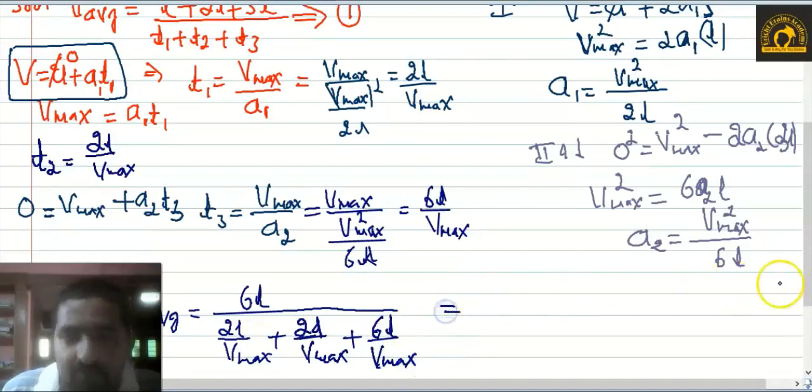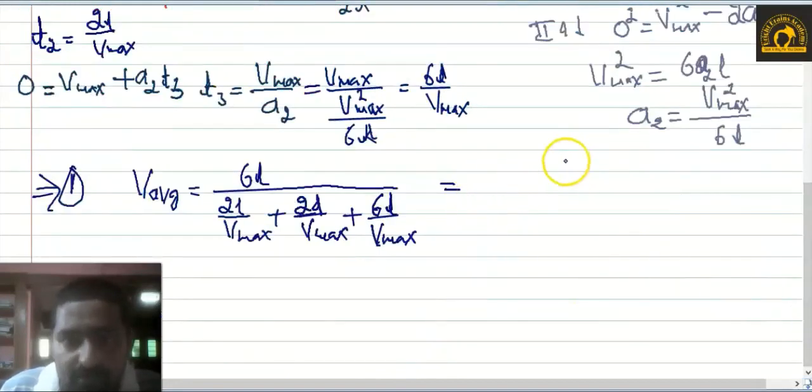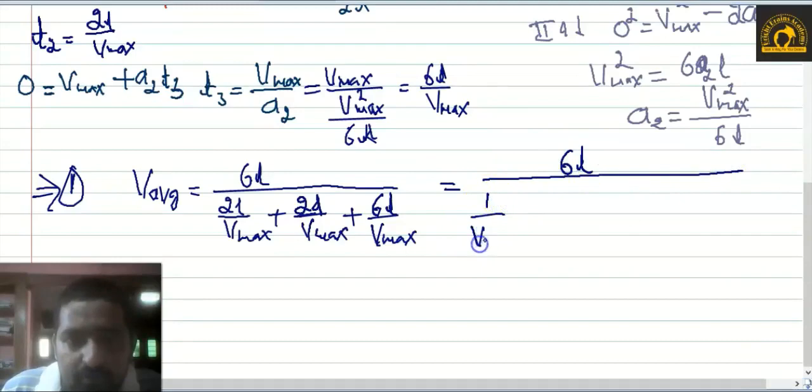Now after simplifying we get the answer. 6L is as it is, divided by 1 by V maximum is common, and the remaining is 10L.